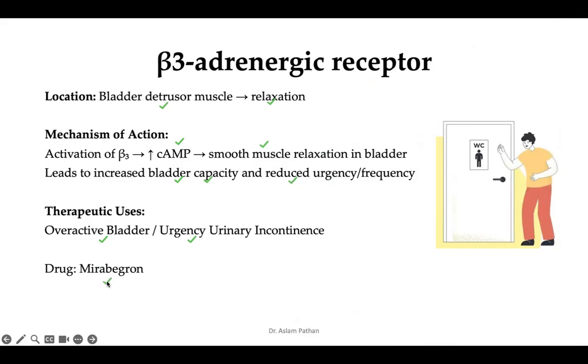And the drug name is mirabegron, which activates the beta 3 adrenergic receptor.